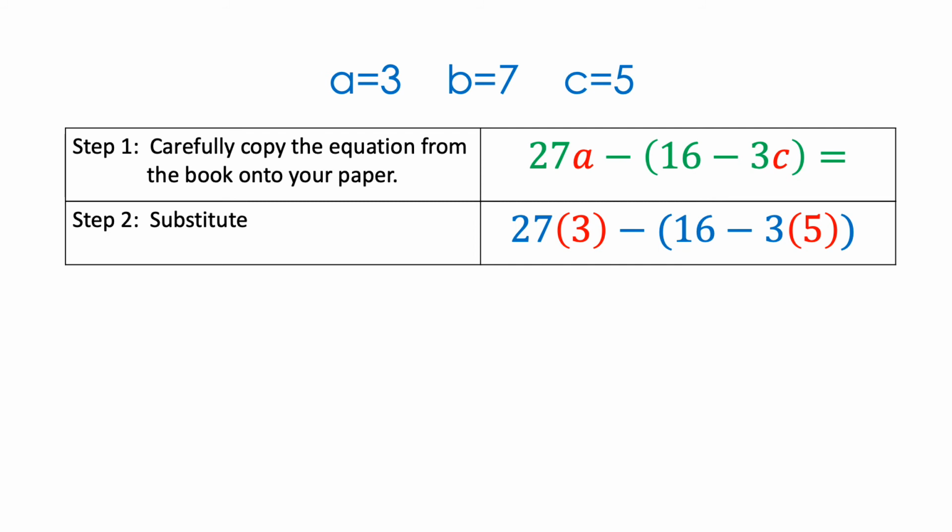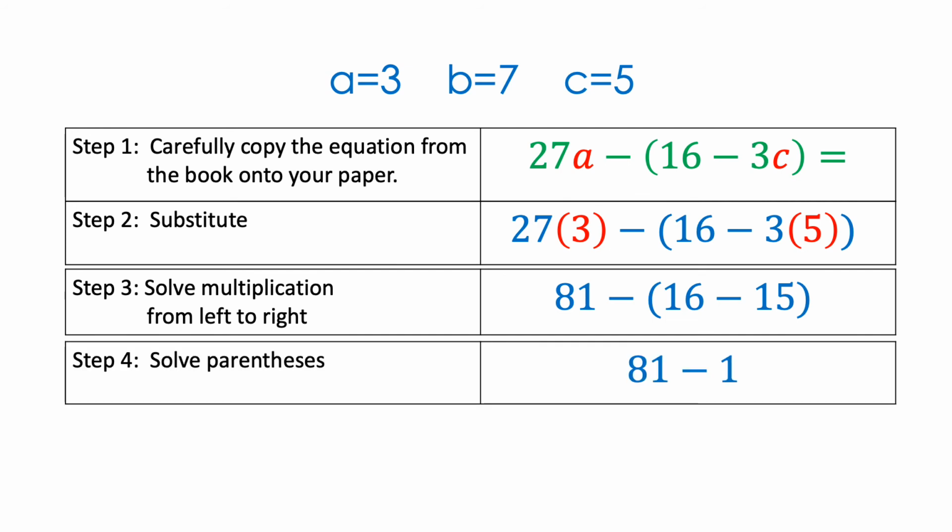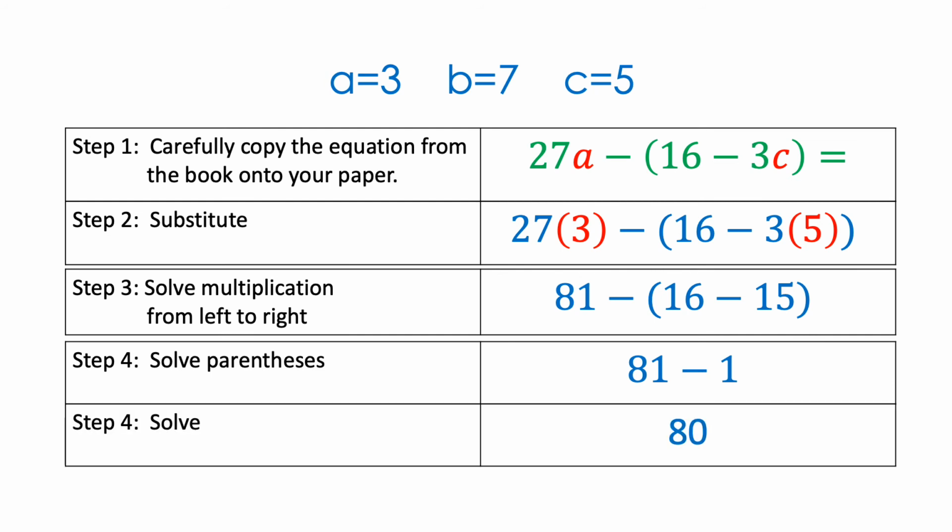If we do the parentheses first, we're going to need to multiply 3 times 5 before we can subtract. So if we multiply 27 times 3, we get 81 minus, parentheses, 16 minus 15. Continue to solve the parentheses, and we get 81 minus 1, and the answer is 80.